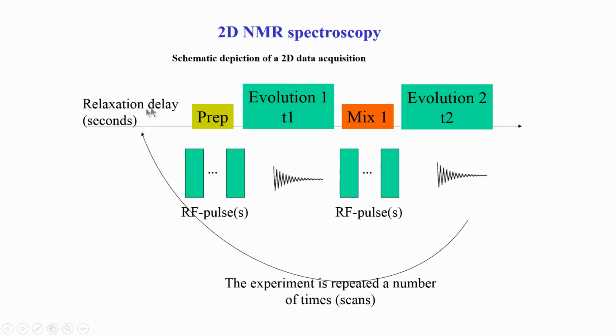One is the relaxation delay, which is of the order of seconds, and the other constraint is how many times you have to repeat the experiment to get a good signal to noise. We use the word scans. The more the scans, the better the signal to noise, but the longer the experiment is going to take. So, your sensitivity very much depends on these factors, how much time you record the data, the number of scans and so on.